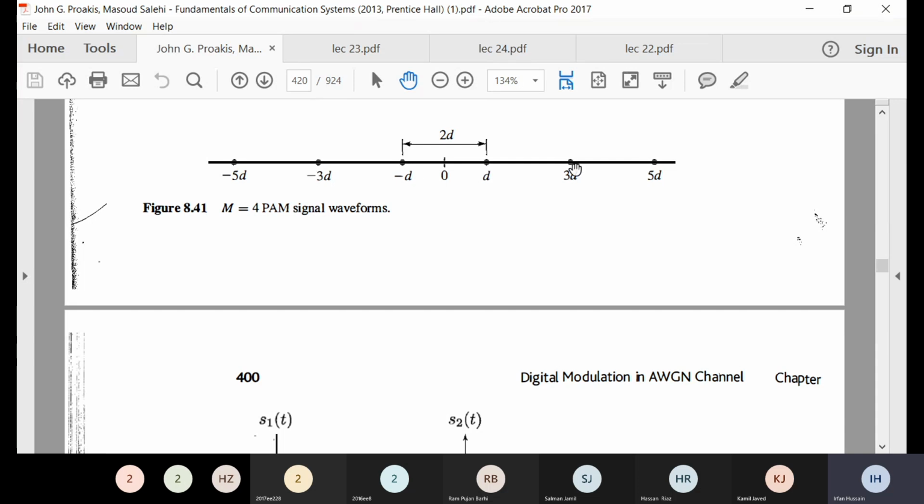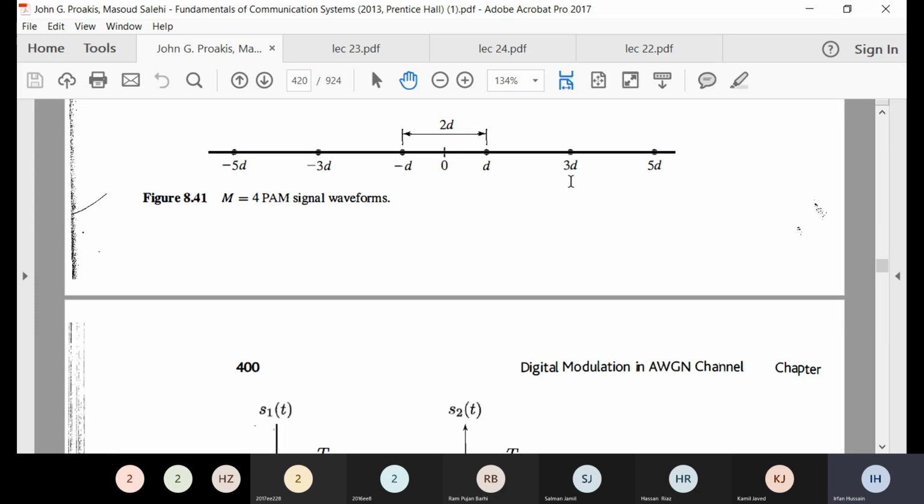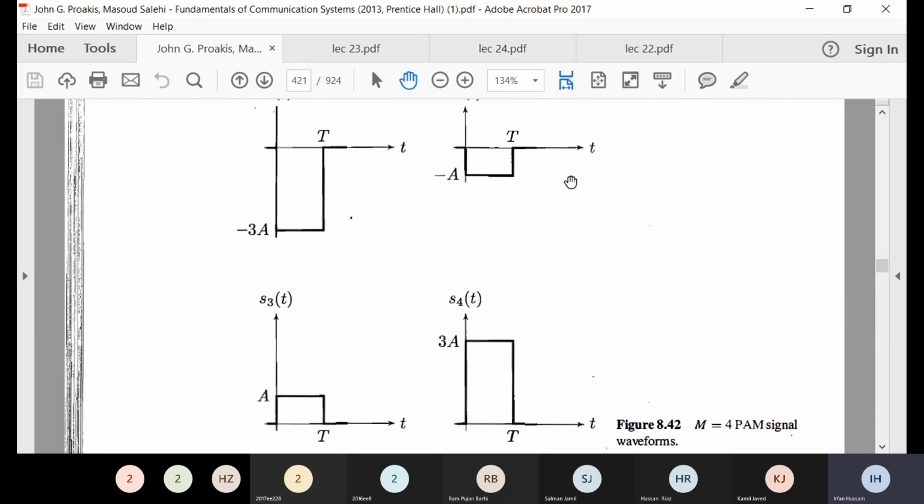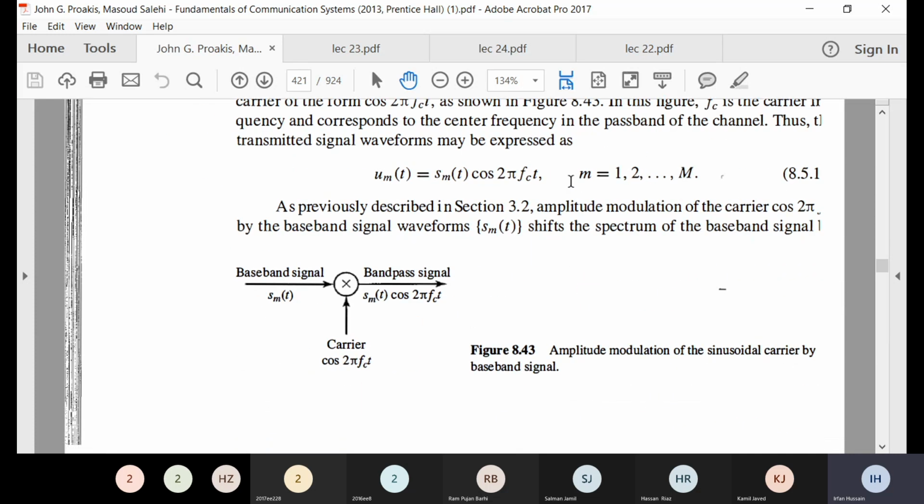So you have 1, 2, 3, 4 signals. All right, you won't have a fifth one, because you have 4. So like this 4 PAM, and they have different amplitudes.